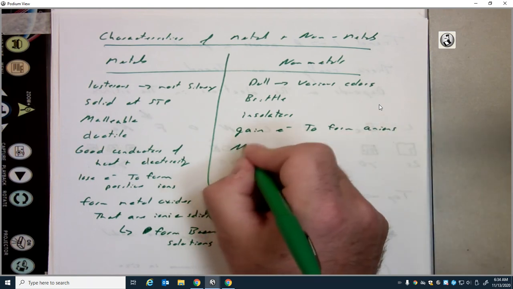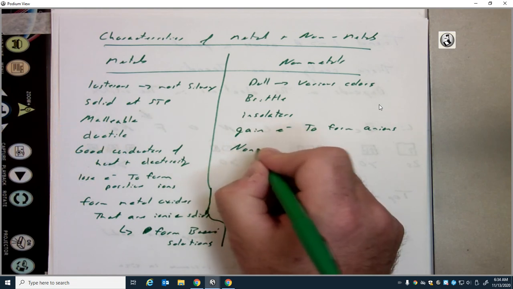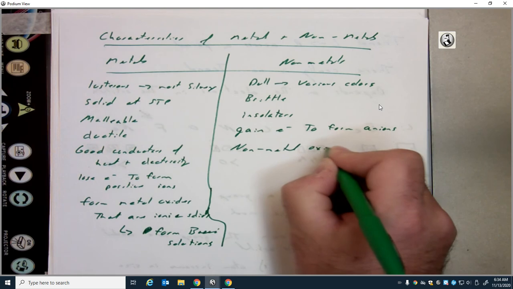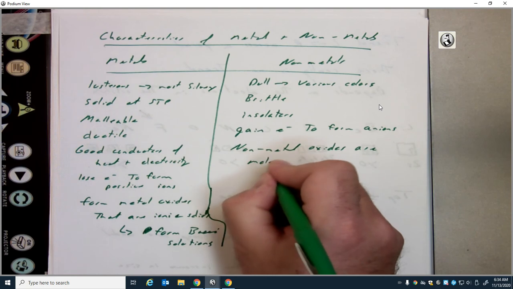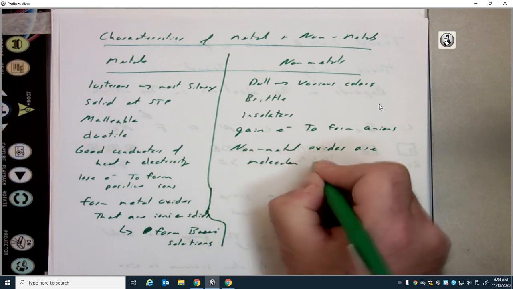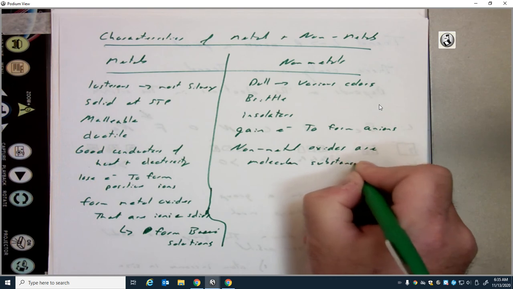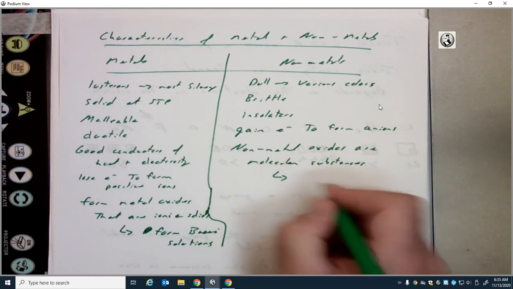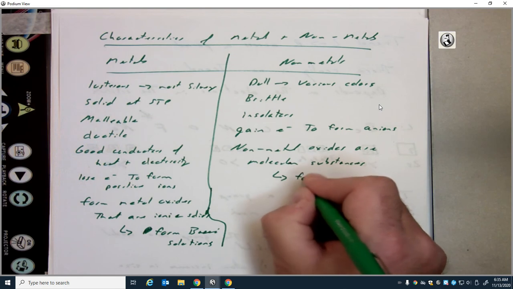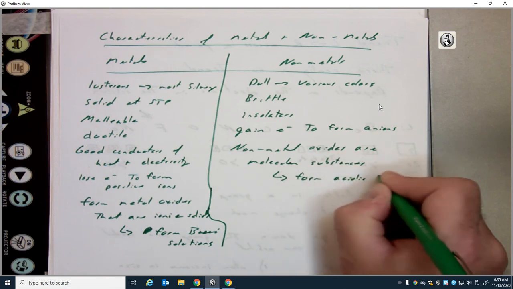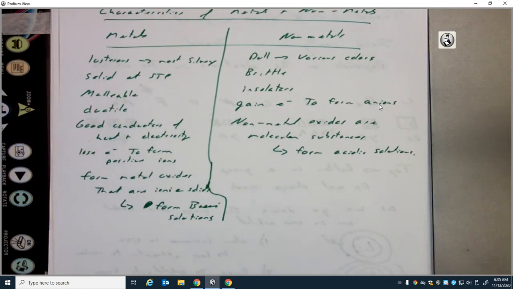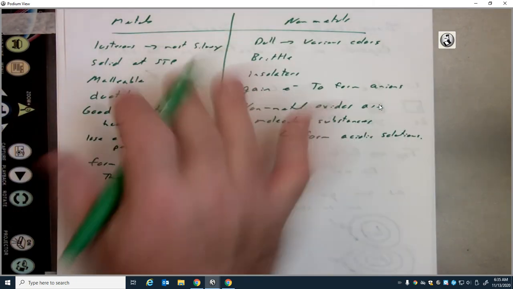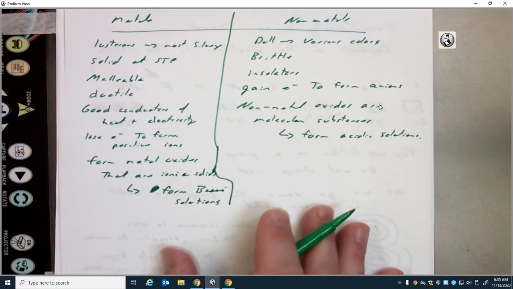And nonmetal oxides are molecular substances, and these will form acidic solutions. So these are metallic and non-metallic characteristics.